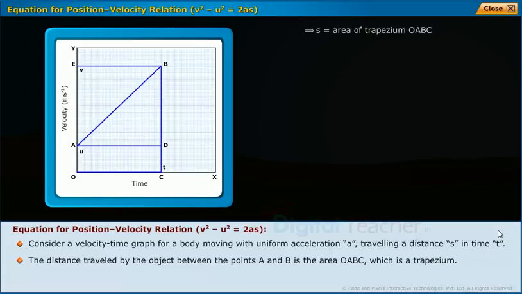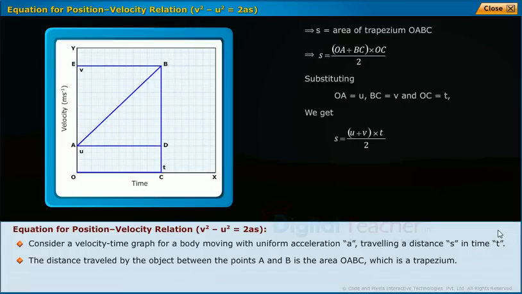That implies s equals area of trapezium OABC. s equals OA plus BC into OC by 2. Substituting OA equals u, BC equals v, and OC equals t, we get s equals u plus v into t by 2.